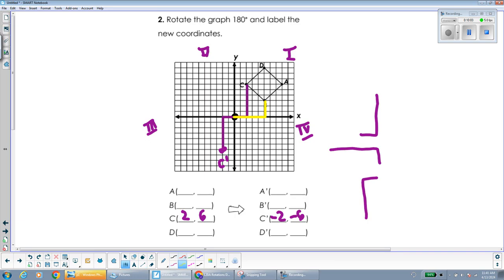And I'm going to take our L shape, just like we did before, and I'm going to rotate it twice. And let me count the spaces. 1, 2, 3, 4, 5. 1, 2, 3.